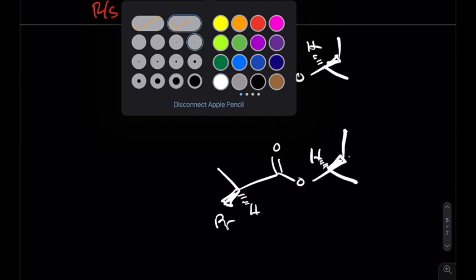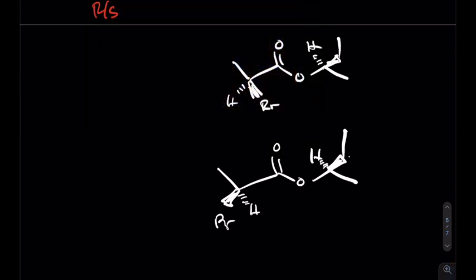We can do this as an exercise, where this chiral center, that's going to be a 1, that's ethyl, it's going to be 2, and that's going to be 3. And I've conveniently put this hydrogen in the back already, so that allows me to ensure that I always have this same sort of configuration in both of my compounds.